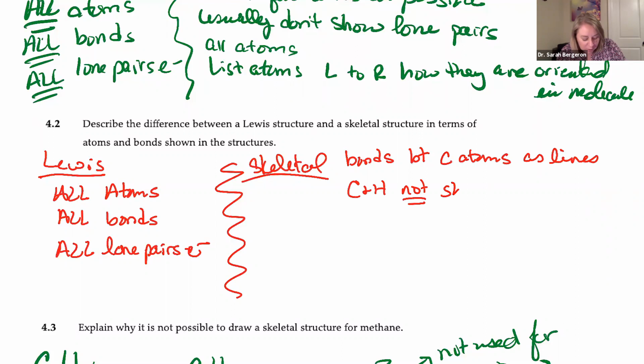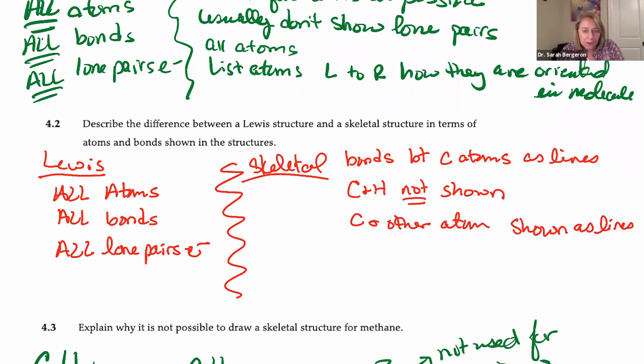So it's just the carbon-carbon. Anytime you have carbon and other atoms, those bonds are shown as lines as well, right?